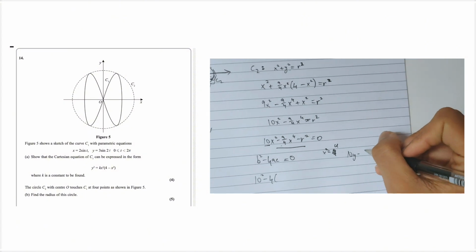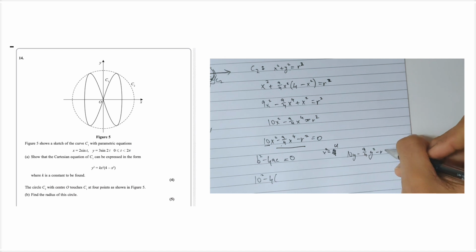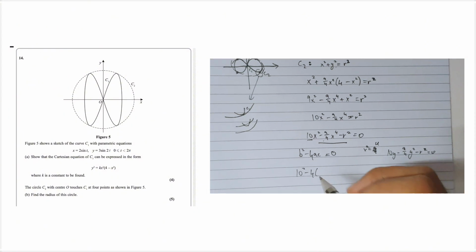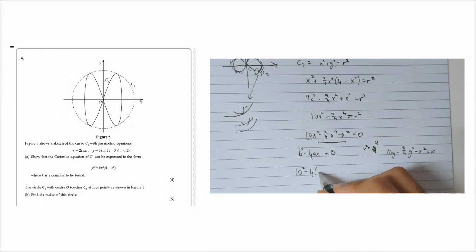So 10y minus 9 over 4 y squared minus r squared equals 0, and that's a quadratic. So 4a, and a would be minus 9 over 4, because that's the coefficient for y squared, or x to the power of 4. So you put that in, and c would be minus r squared, equals 0.